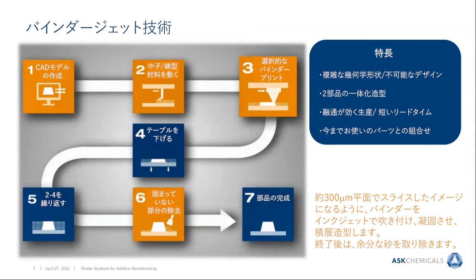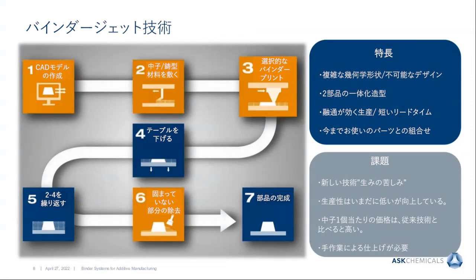conventionally manufactured parts. But besides advantages, there are also some challenges that have to be met. It's a rather new technology, so growing pains will be inevitable at some point. Productivity is still quite low, especially compared to high throughput conventional applications, but is steadily increasing.